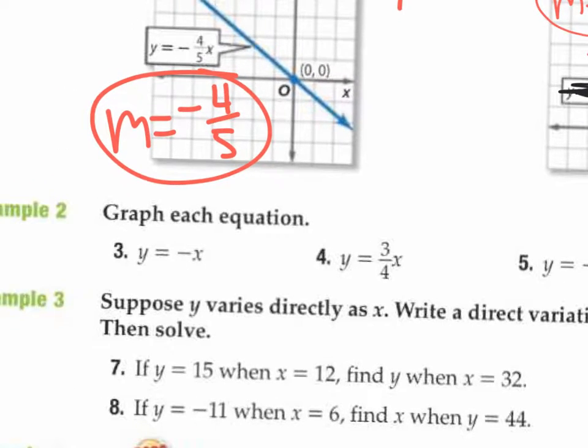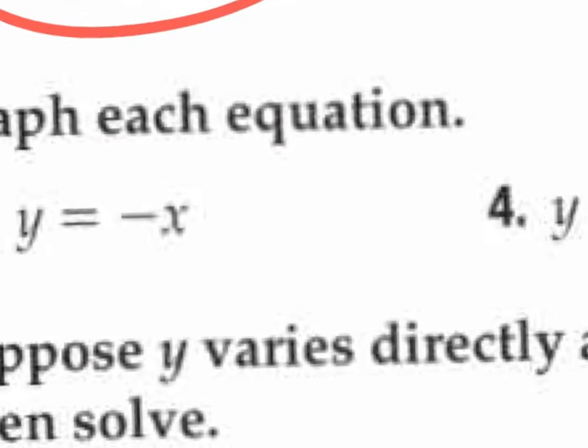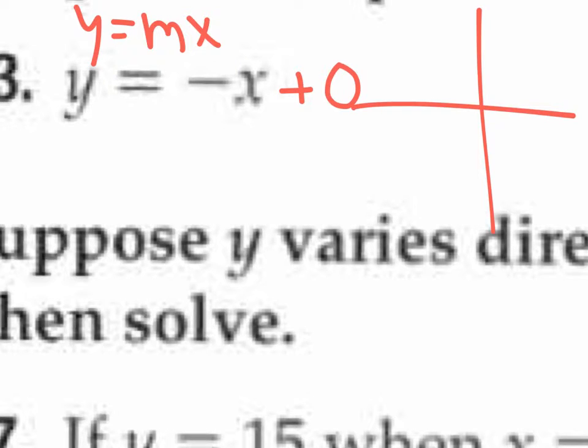Down here, graph each equation. You're going to do a quick sketch. Now, remember, all of these are in y equals mx form. Y equals mx, and there is no number that's being added or subtracted at the end. So you can put a +0 out there. That way it'll help you remember to start at the origin on the xy coordinate plane.